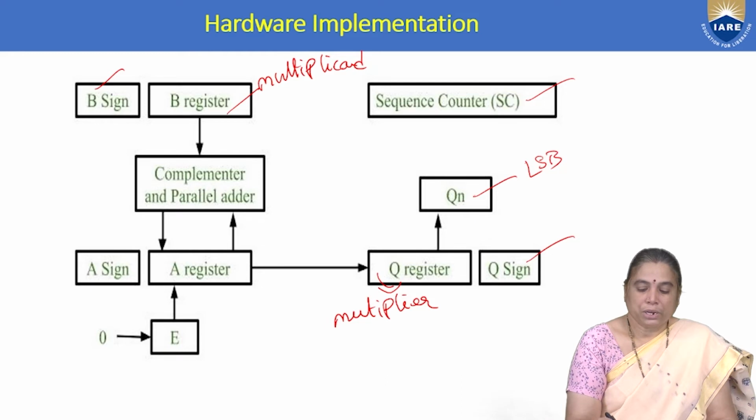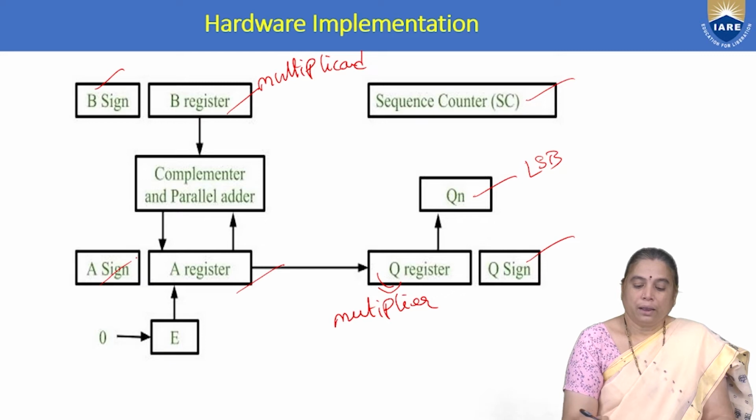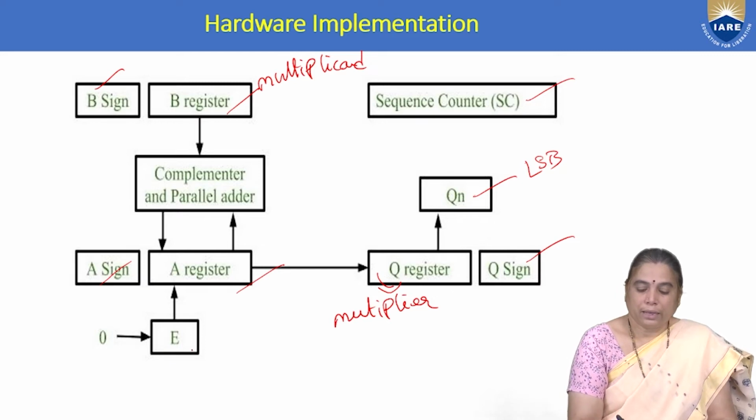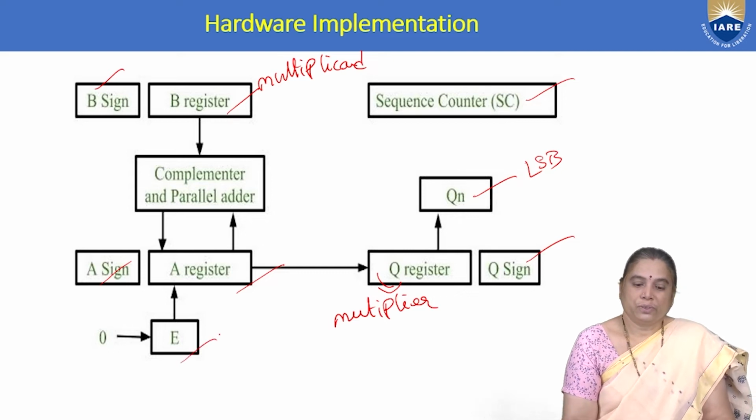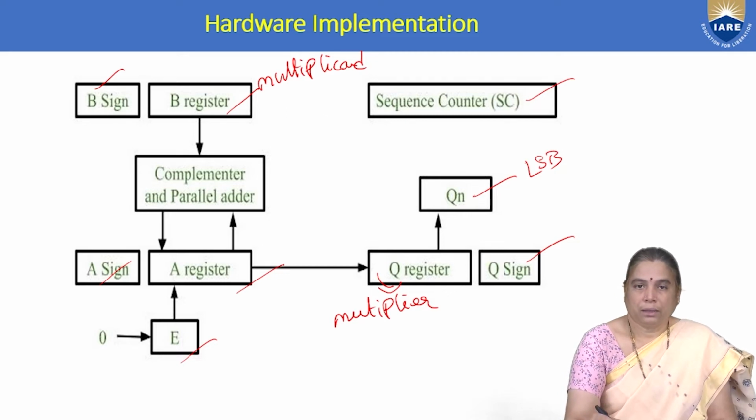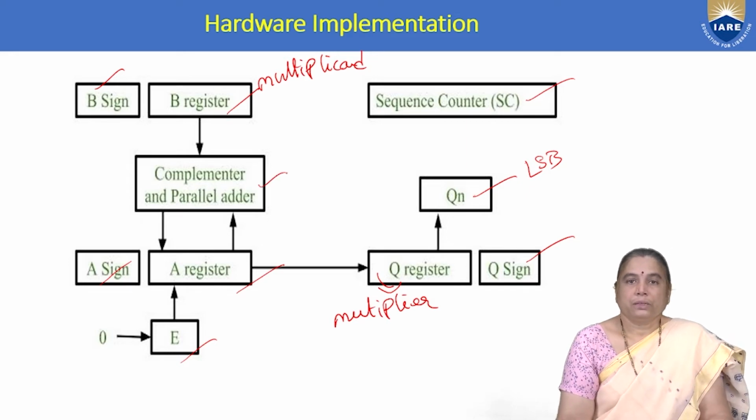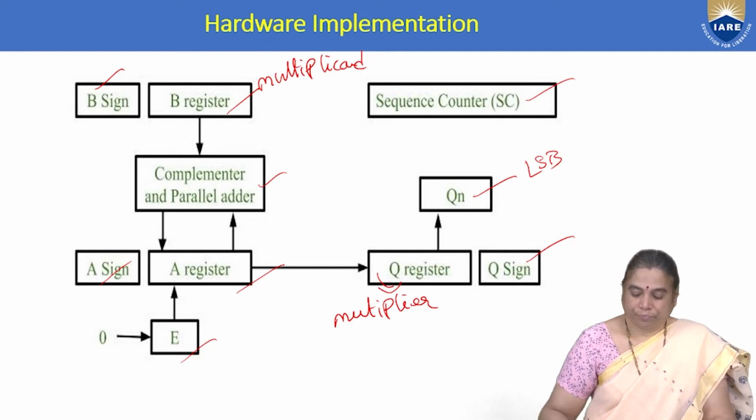The partial product is stored in the A register and its sign bit, and during any extra addition, if any carry is produced, that is stored in the E flip-flop. For writing the partial products and adding them, the required components are the complementer and the parallel adder. These are the electronic components required to perform the binary multiplication.